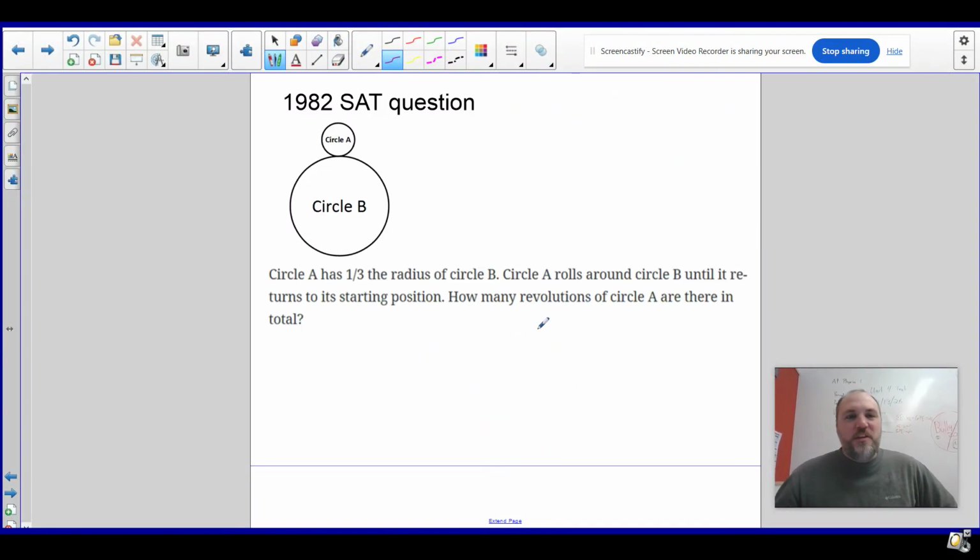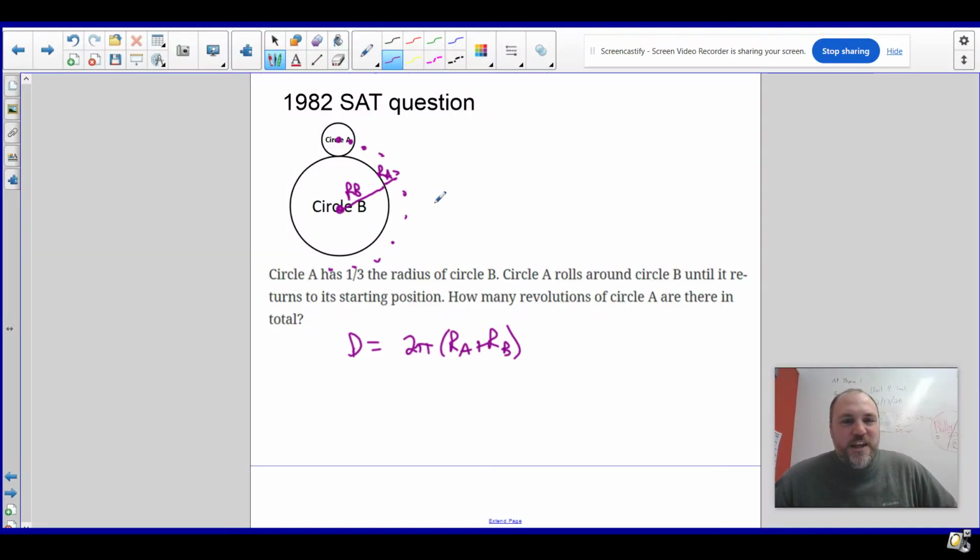So when I think about this problem right here, circle A is traveling around this circle right here. So the distance that it needs to travel is actually a circumference of radius of B plus the radius of A. If we track the linear motion of the center of mass, the distance traveled for one full revolution is going to be 2 pi times RA plus RB.